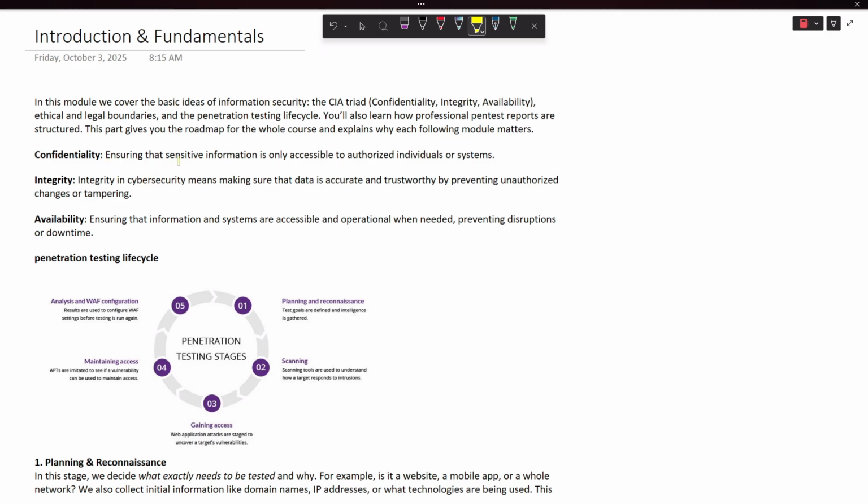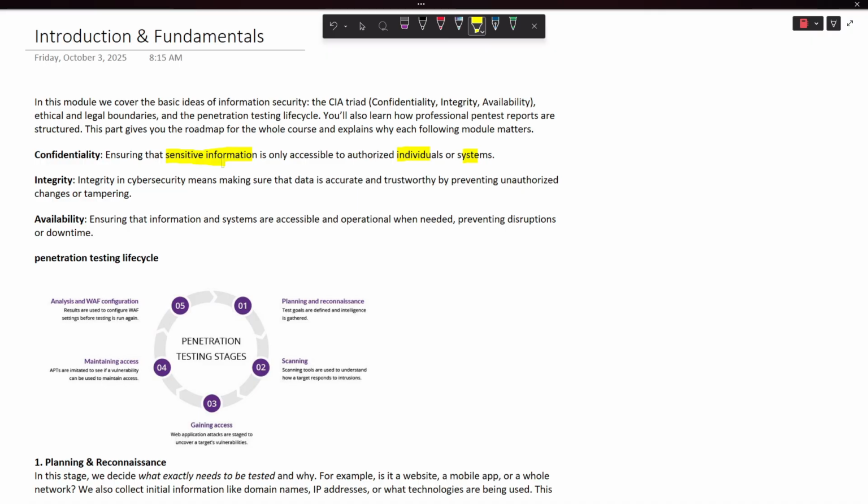Confidentiality basically means ensuring that sensitive information is only available to authorized individuals or systems. If the sensitive information is only available to authorized individuals, then there is confidentiality. But if anyone else is able to access it, then it means the confidentiality is broken.